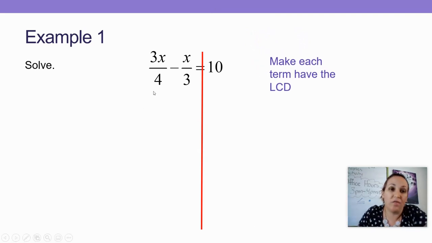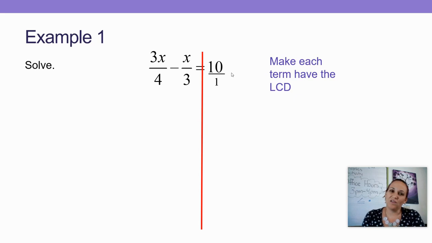I want this small fraction and this small fraction, but also this whole number over here, to have the same common denominator, the LCD, least common denominator. To accomplish that, I need to make the 10 into a fraction so that it can get a denominator. Every whole number is just over 1, so I can make it 10 over 1.